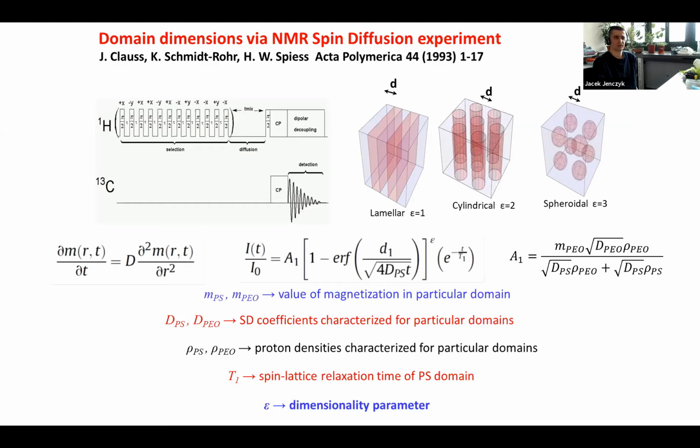But right now, I would like to tell you about a different approach to really probe and monitor the morphology of this kind of systems. And this is very beautiful.